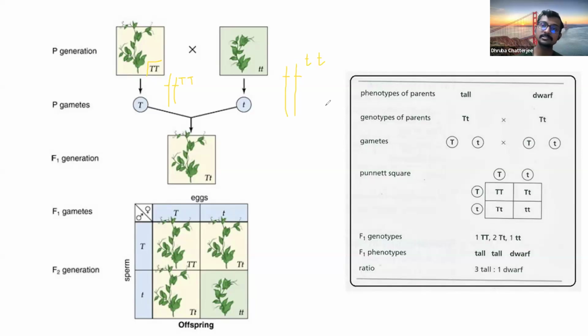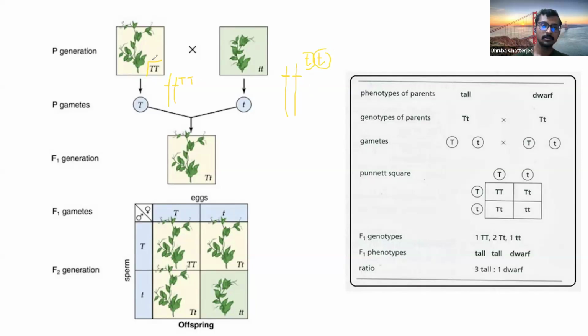Since both copies of the gene, that is both alleles, are the recessive, mutant one, there is no formation of the gene product necessary for tallness, and that's why the plant is small, I mean dwarf.